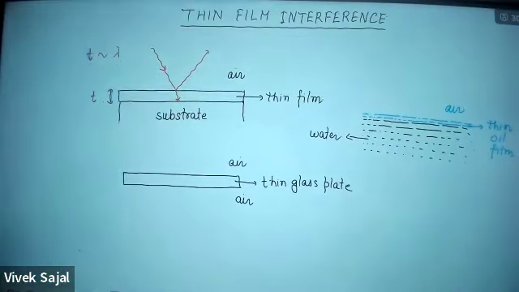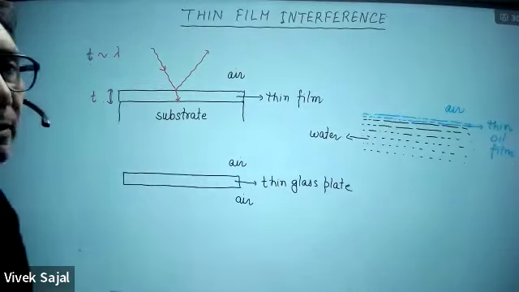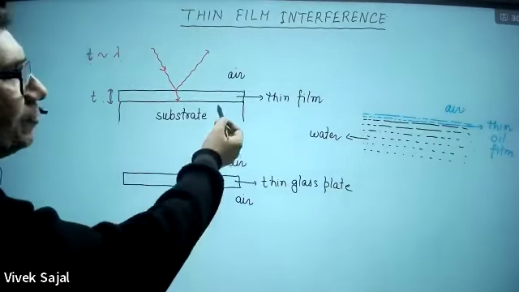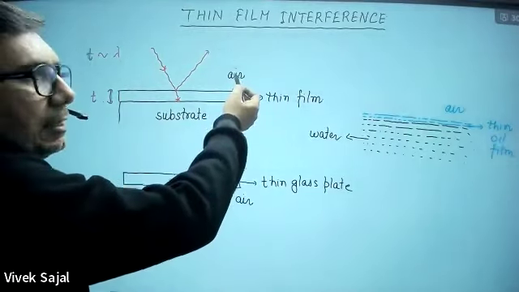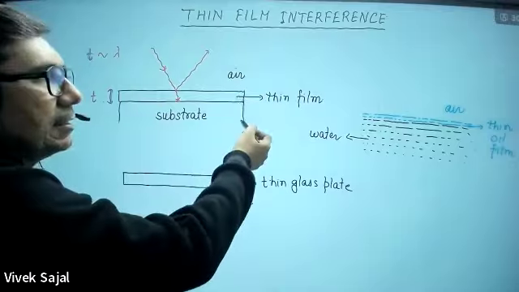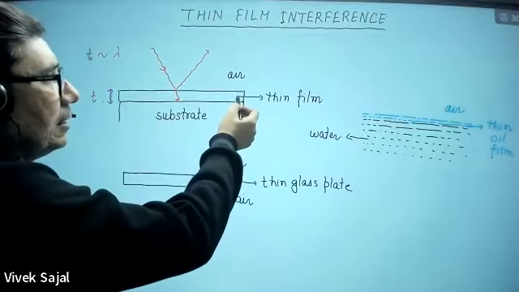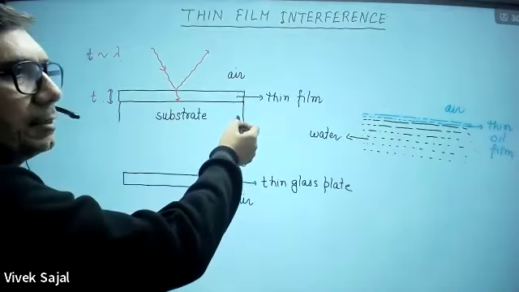So first we should know what is the meaning of thin film. Different types of thin films may be there. First, this is air, then a denser film, and then the substrate.